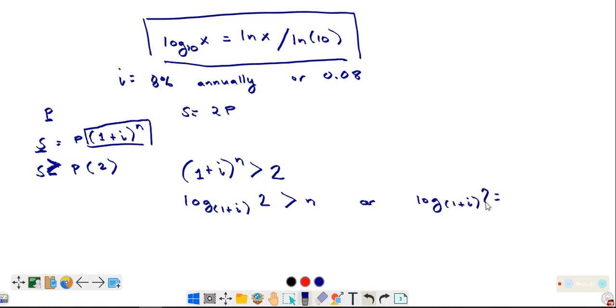Mukha siyang power, pero hindi siya power, kasing laki siya nung log dito. So, we have here ln 2 over ln 1 plus I. Okay? So, pwede na nating ma-determine kung sino si n. So, n is greater than ln 2 over ln 1 plus 0.08.